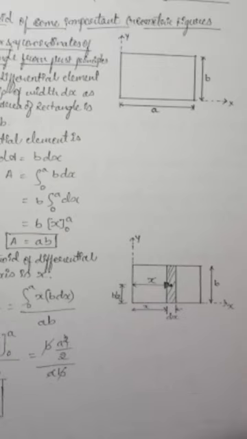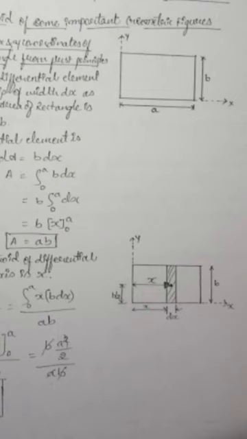b is a constant, so you take it outside. Next you integrate only dx. The integration of dx is x, with the lower limit 0 and upper limit a, because we are integrating from 0 to a.